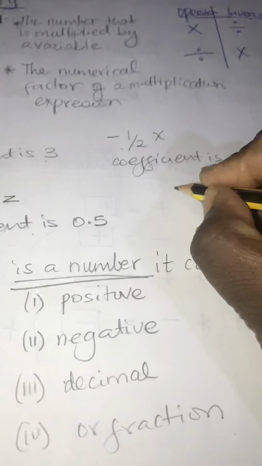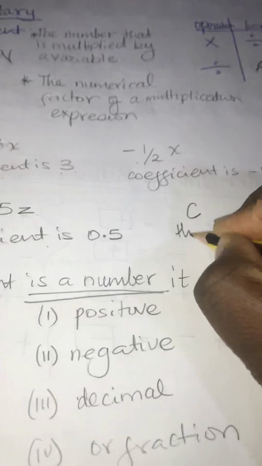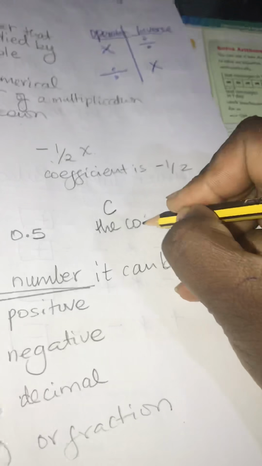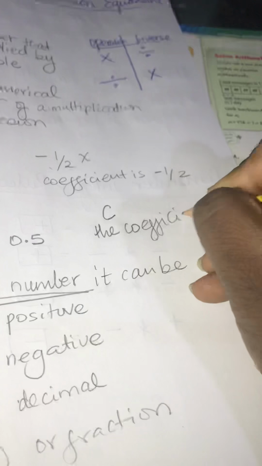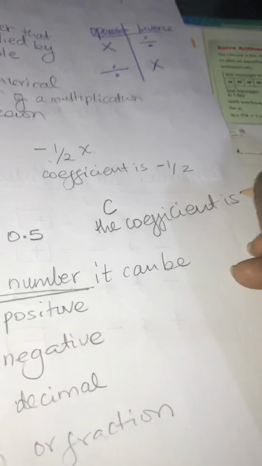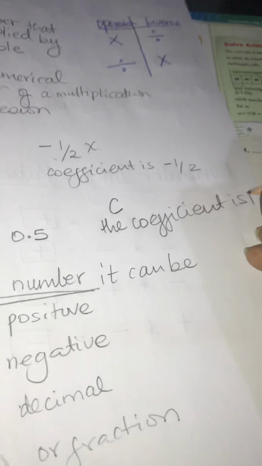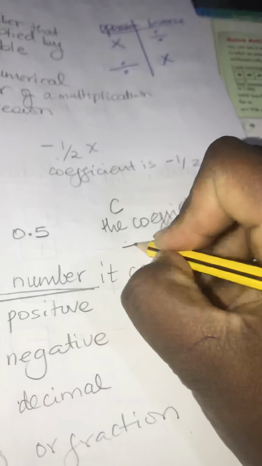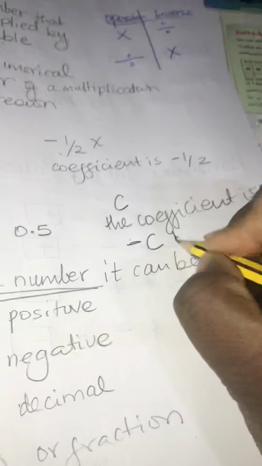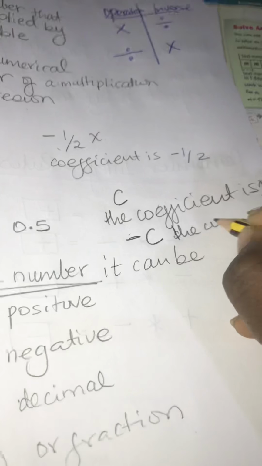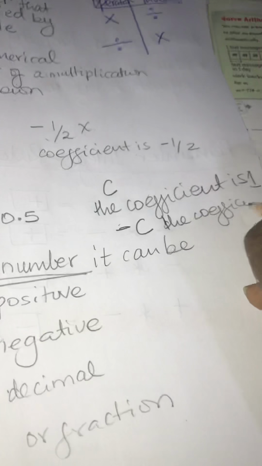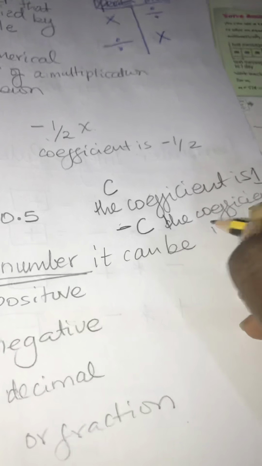If I just write c, the coefficient is 1. If I write negative c, the coefficient is negative 1.